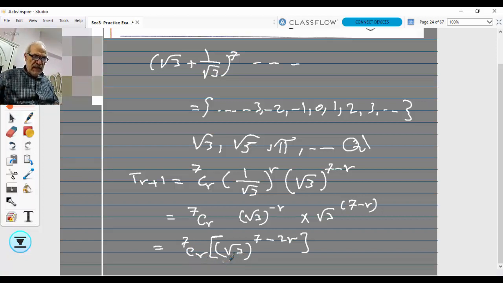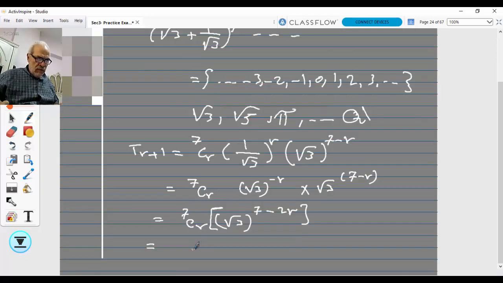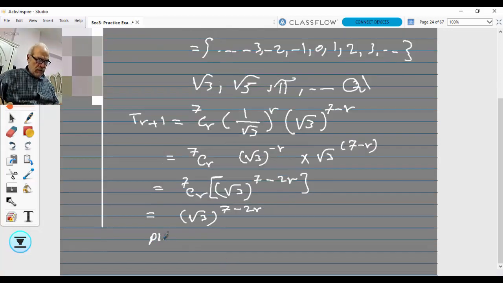Now root 3 power 7 minus 2R. Put R equals 0.